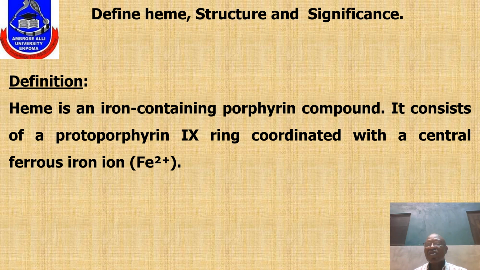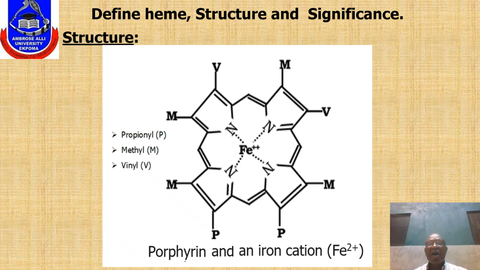This is protoporphyrin 9, and this is the iron at the middle. It is attached to the nitrogen atoms of the protoporphyrin 9 with the protruding molecules here.